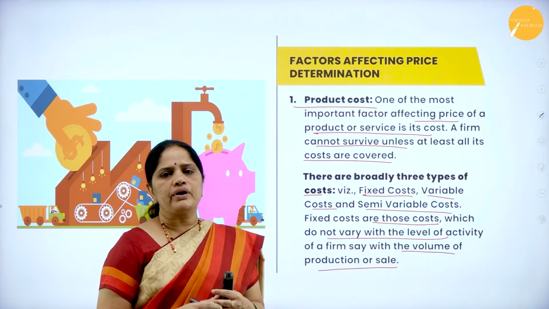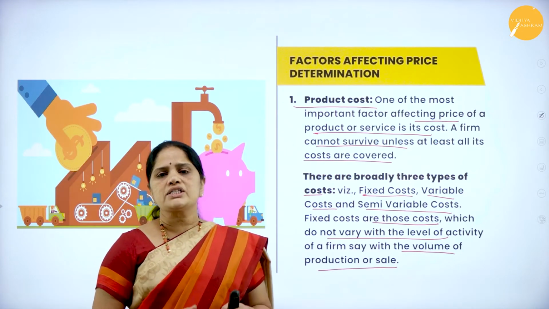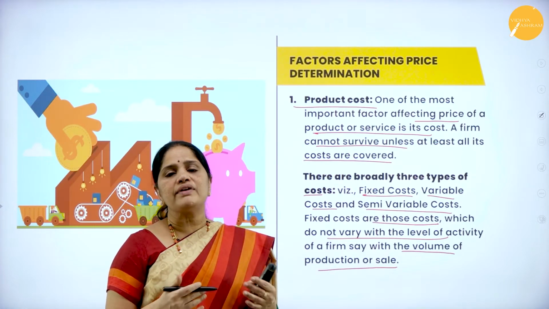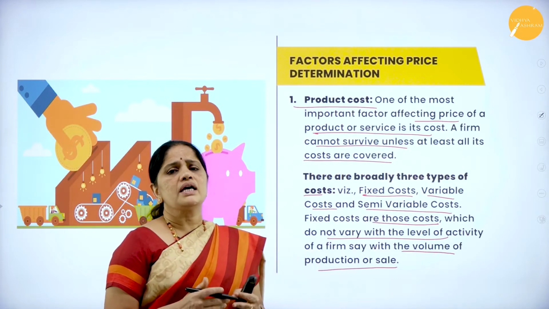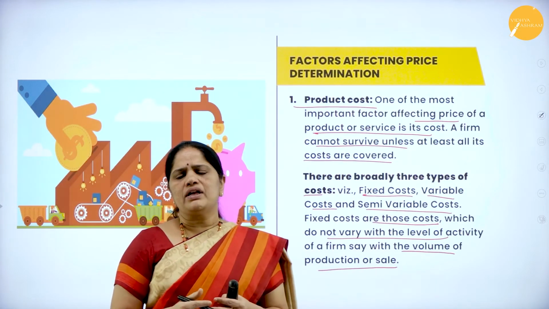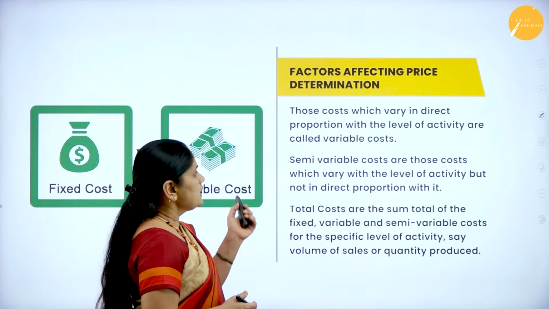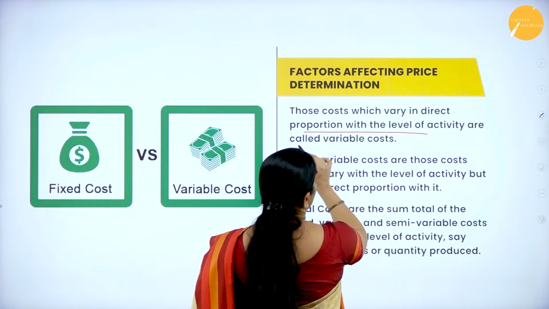So, whether you produce 1 lakh units or whether you produce 10,000 units, the fixed cost remains the same. Then, the variable cost will vary to a certain extent, whereas the semi-variable cost depends on the level of production.